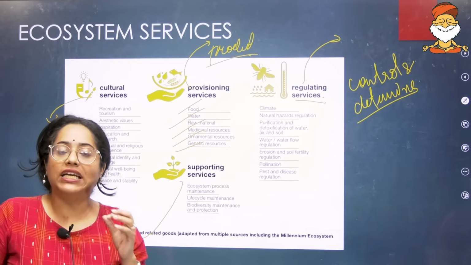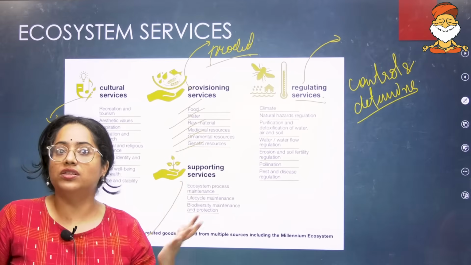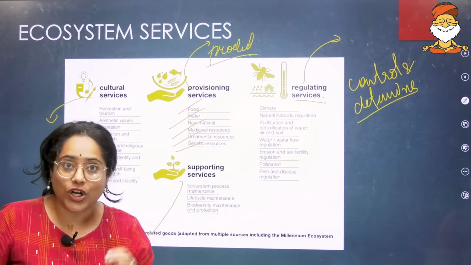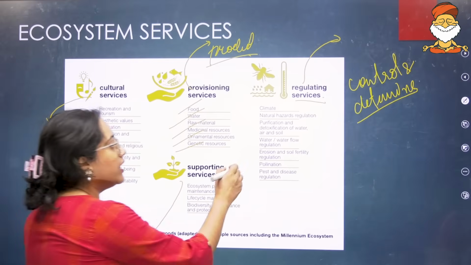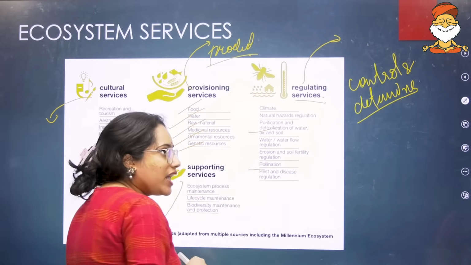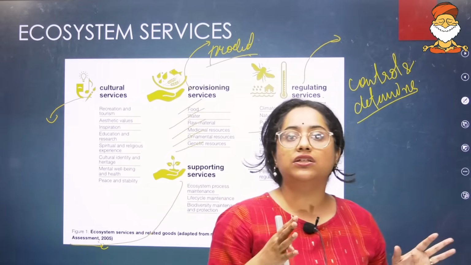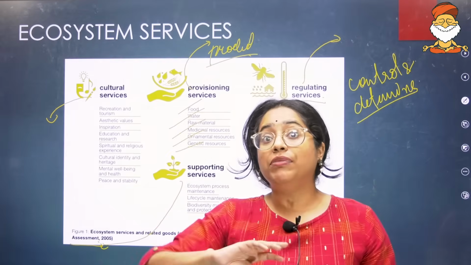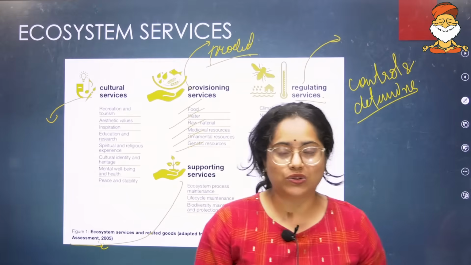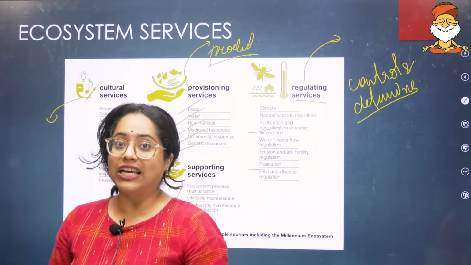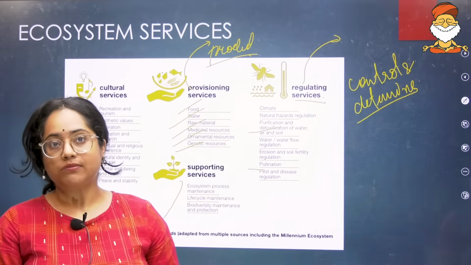So let's have a look at it. Regulating services. The ecosystem can regulate climate, water flow, the air quality, the pollution levels, the purification of water, soil, etc. All of these things can be regulated and can also be determined by the ecosystem, and this is called regulating services.